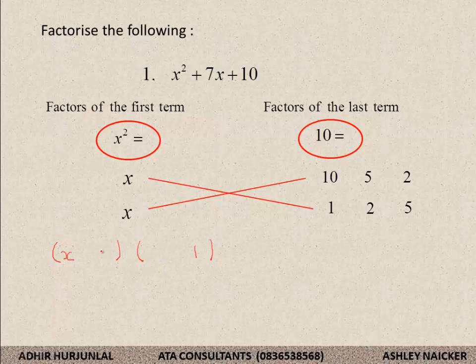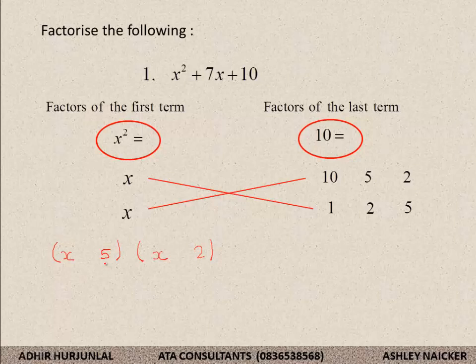The next step, guys, means I have to change something. And what I can change are the factors of 10. So I would go down here and I would say factors of 10 can also be 5. Sorry, I erased the x. I was not supposed to erase the x. I was supposed to erase the 1. So the factors of 10 is also 5 multiplied by 2.